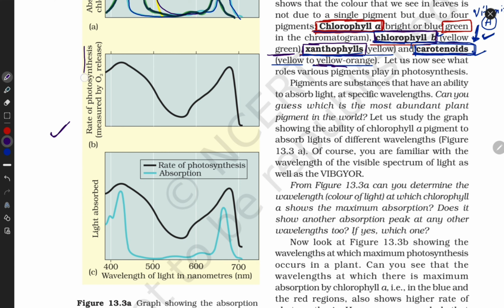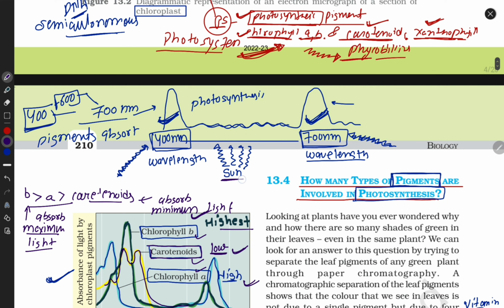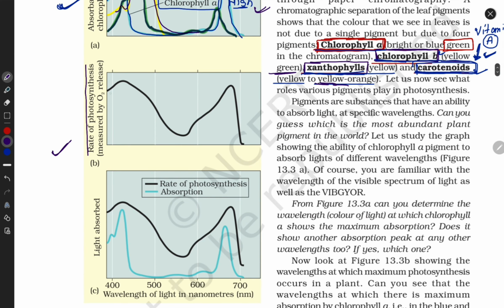Rate of photosynthesis. I told you, the sun gives multiple wavelengths like infrared, microwave, X-rays, visible light, but the plant gives its best performance in this wavelength and this wavelength. So here, plants perform their highest photosynthesis rate in this wavelength and this wavelength.